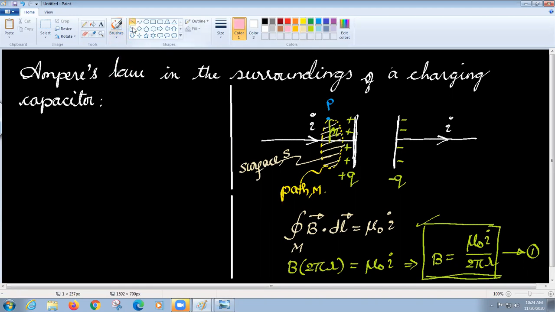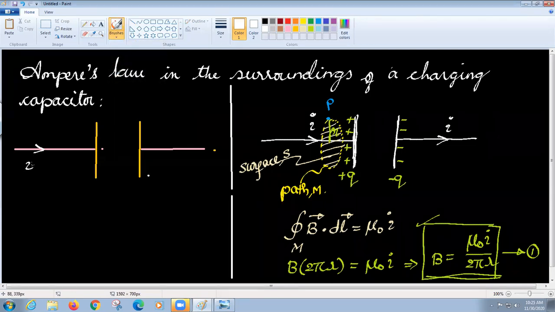You take the same capacitor. Say you have the same current entry. On the left side you can see the current is entering, and you could expect that the same current must exit from this end as well. Again, we will consider a point P in the vicinity of my pink conductor.